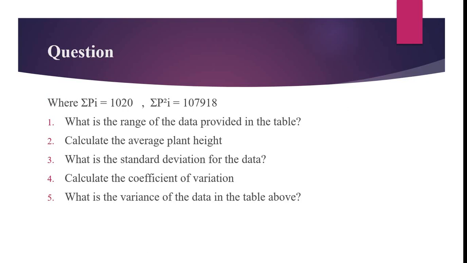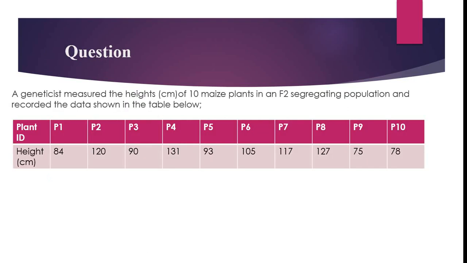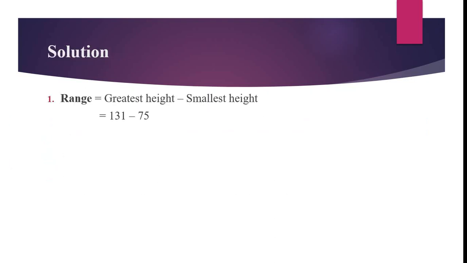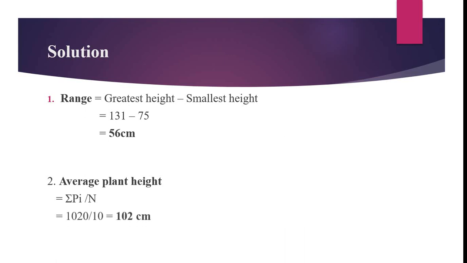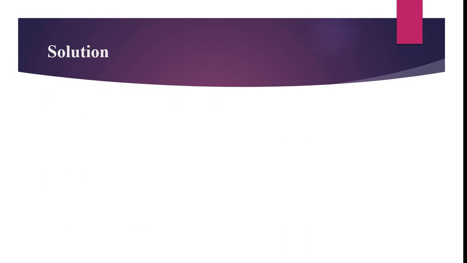The number of observations is how many plants were measured, that is plant 1 to plant 10, so 10 plants. You just divide sigma p by n, the number of observations. So you get 1020 divided by 10, which is 102 centimeters.